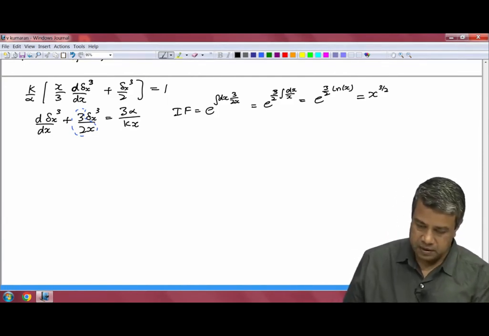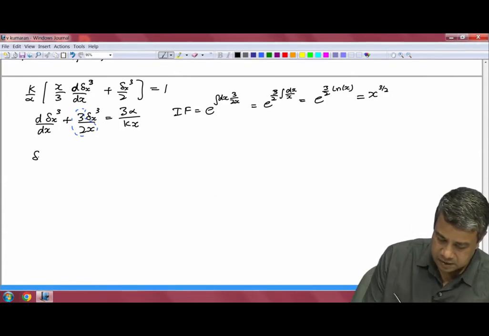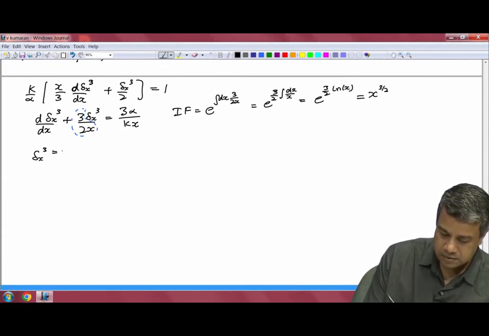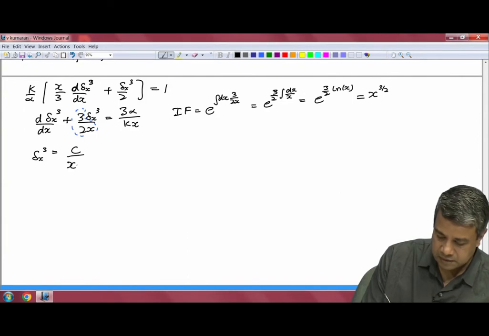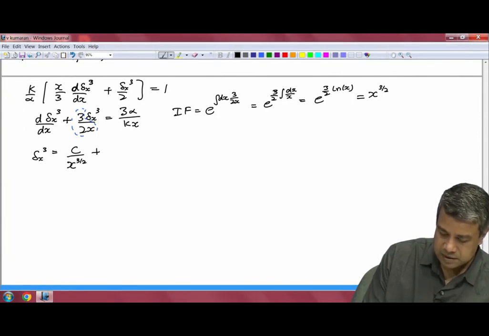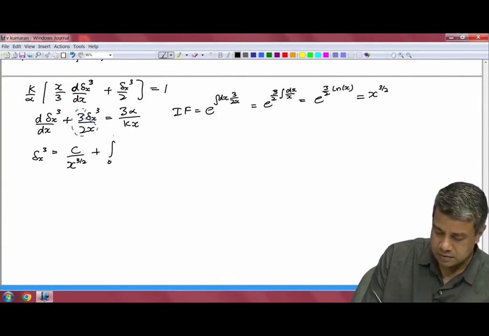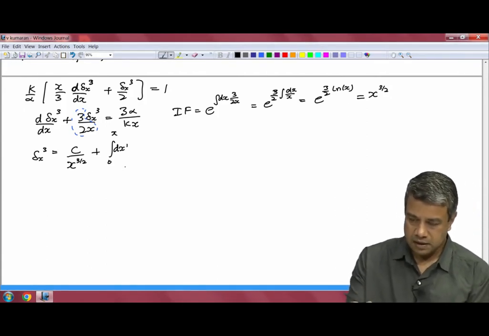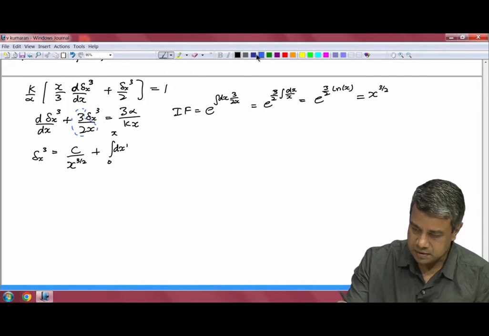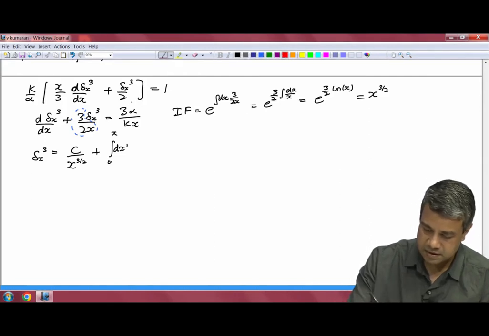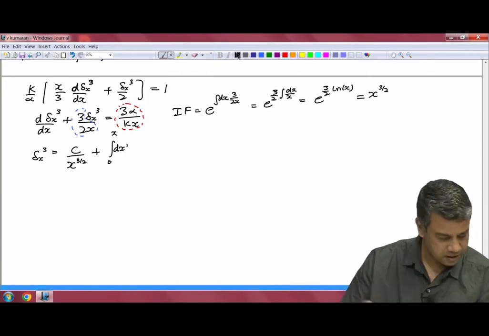So, then delta x cubed is equal to constant by integrating factor plus integral 0 to x dx prime times this q of x, which is the right hand side here.